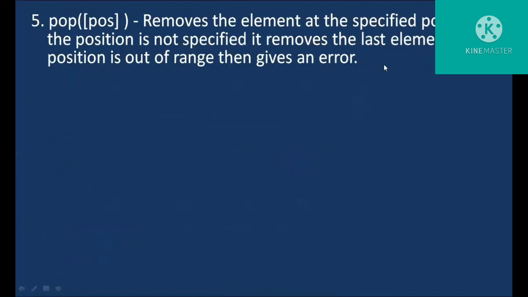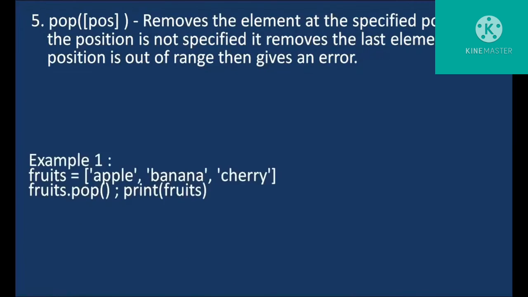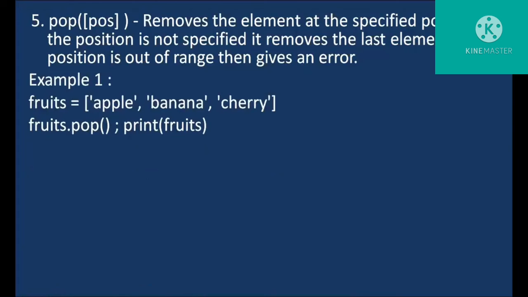ओके, so let me continue the next function. The next function is called the pop function. This function is used to delete something from your list, that is, remove the element at the specified position. If that position is not specified, it removes the last element. If the position is out of range, it gives an error.